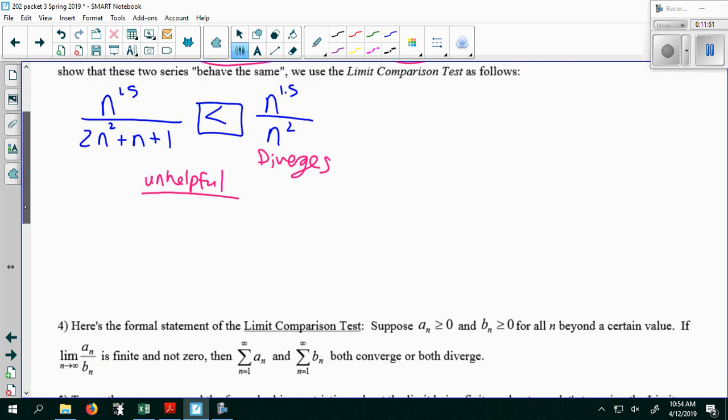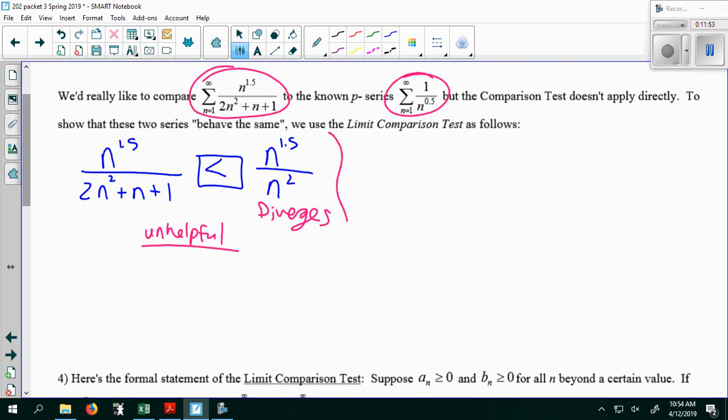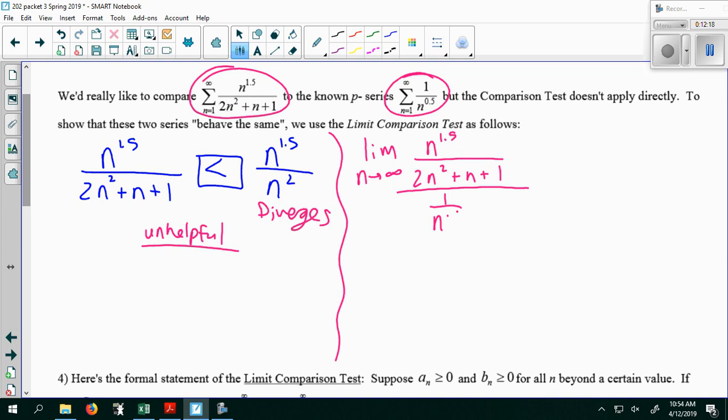Okay, so I'm going to do it over here. I'm going to take the limit as n goes to infinity of n to the 1.5 over 2n squared plus n plus 1. And I'm going to take the ratio of the terms of that series to the terms of my comparison series, 1 over n to the 0.5.